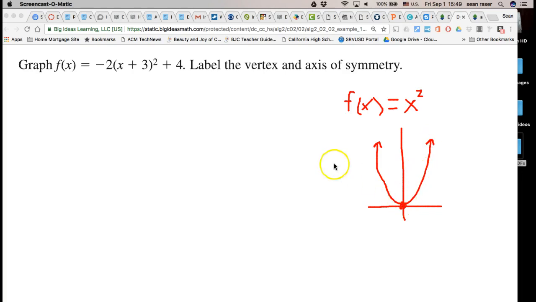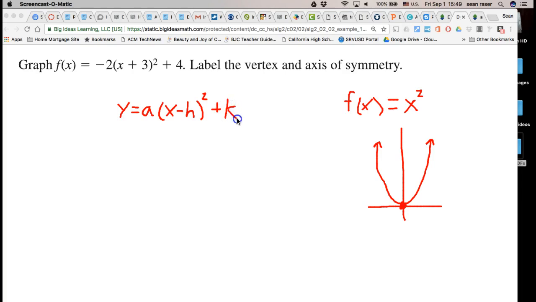That's our vertex. Now, you also saw vertex form of a quadratic last time. So vertex form is in this format here. Just like with linear equations, you have slope-intercept form and point-slope form, well, we have vertex form for quadratics.